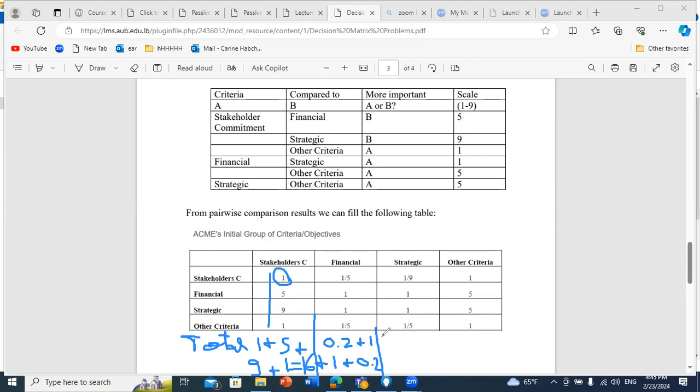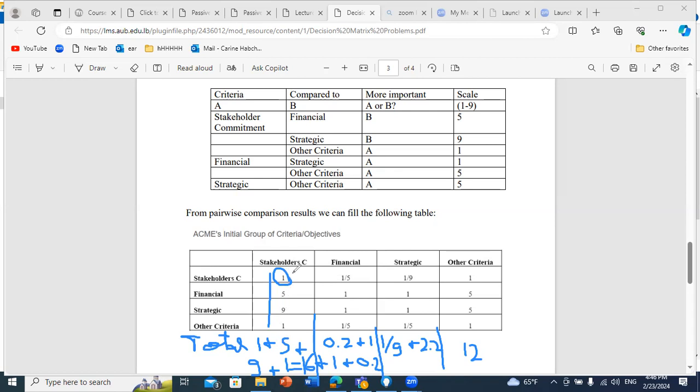Same for this column, 1 over 9 plus 1 plus 1, so plus 2, plus 1 over 5. 1 over 5 is 0.2, and plus 2, that is 2.2. And finally, for the last one, you have 6 plus 6, it's 12. Okay? So once you get the total for each column, you will divide each number by the corresponding total.